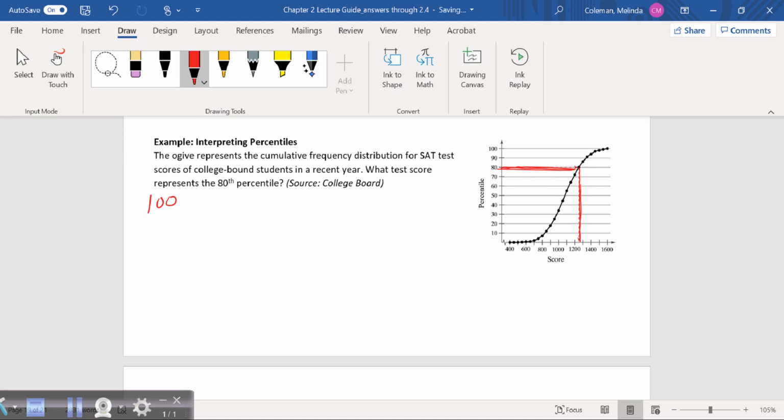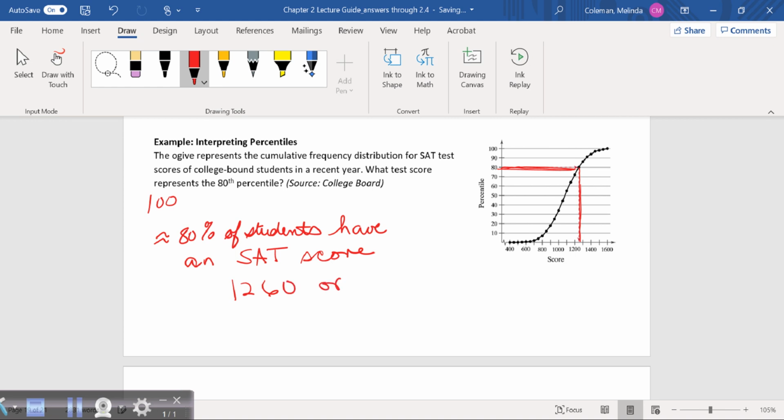So it says approximately 80% of the students have an SAT score that's 1260 or less.